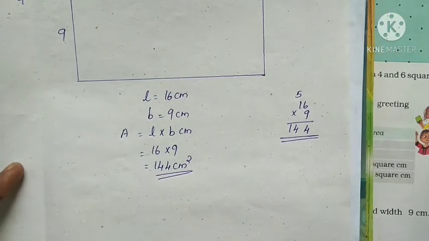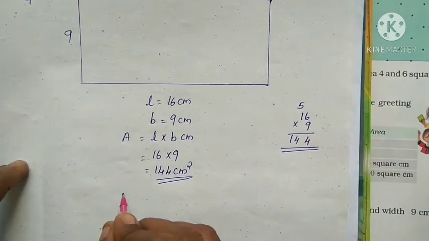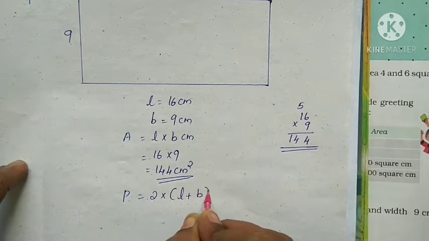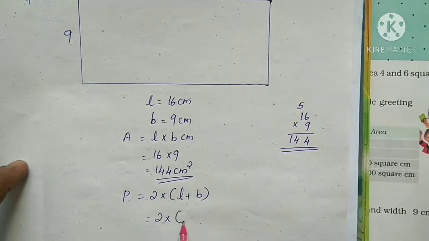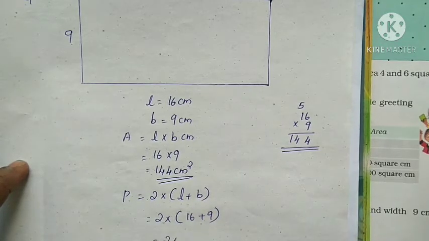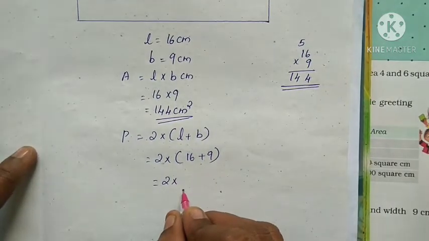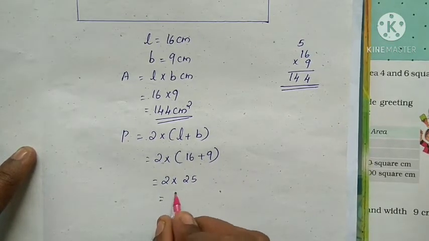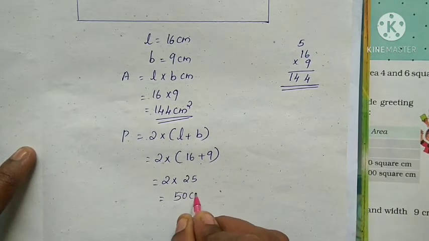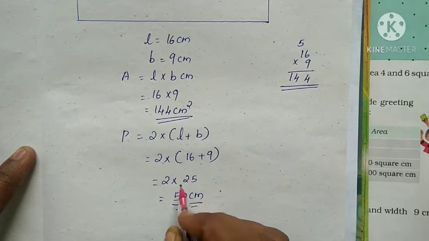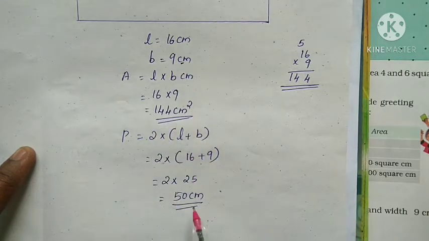And next we need to find out the perimeter. Perimeter is equal to 2 into (L plus B). 2 into (16 plus 9). 16 plus 9, 25. 2 into 25, 50. 50 centimeter. For perimeter, we have to use the unit of length.